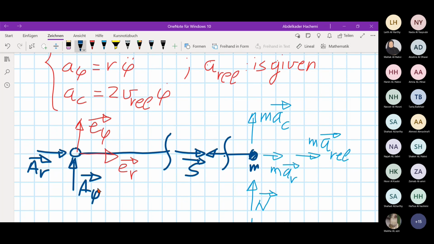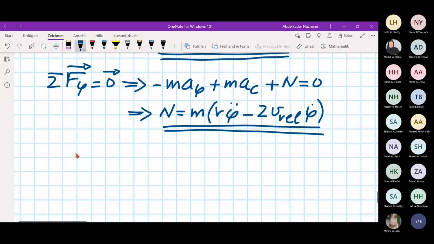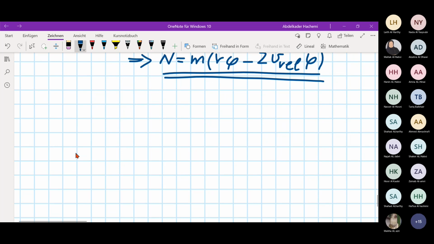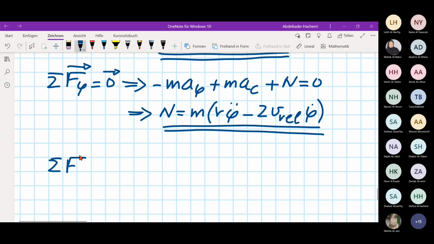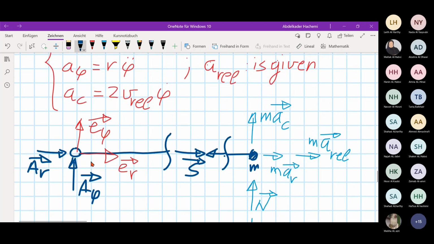The torque we can determine now only by taking the moment at this point A. Now, if we look at the equation, the sum of the forces, now we look at the global system, that means we look at this part here.